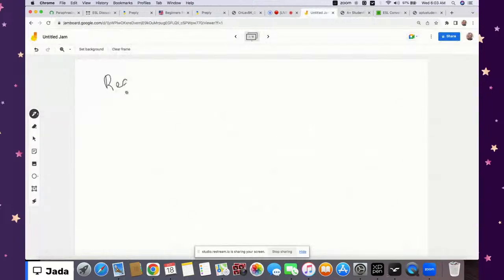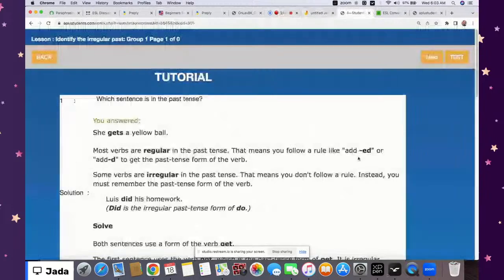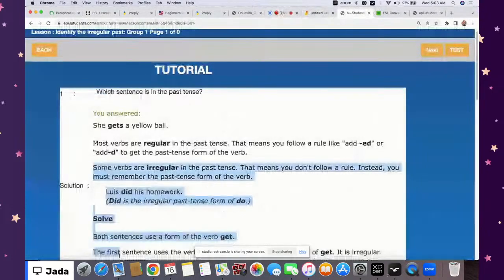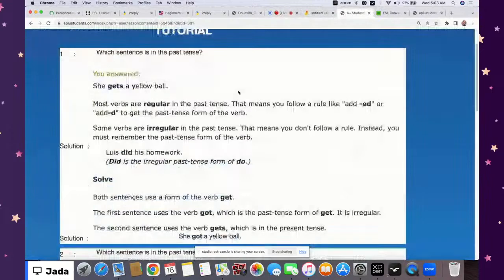We have the regular and then we have the irregular. Just like this, for example, the regular has the normal ed in the past tense, but then the irregular does not have the normal ed. It doesn't follow the same rule. You have to remember the past tense form of the verb.